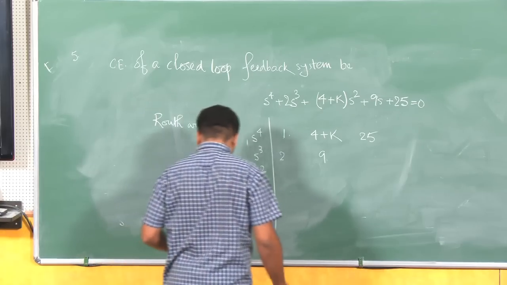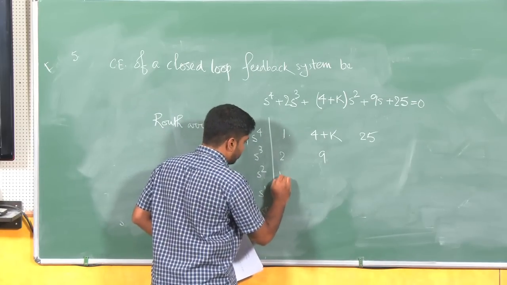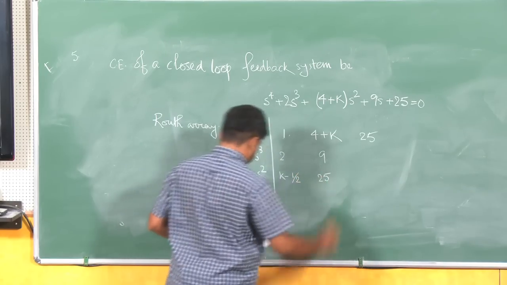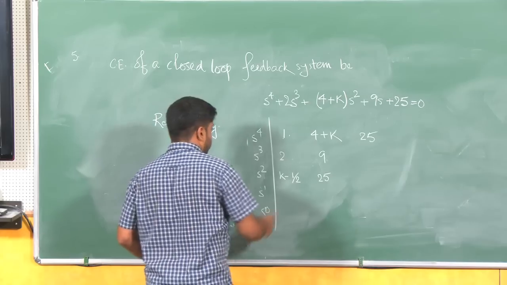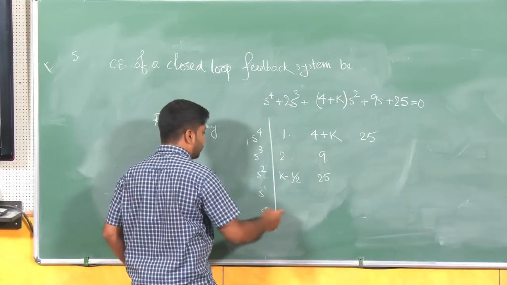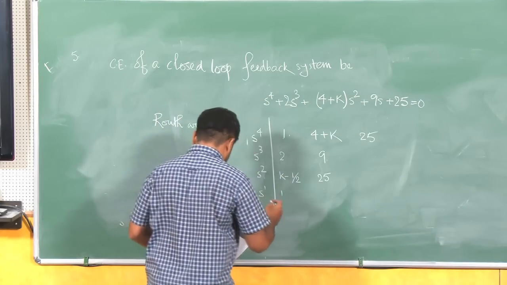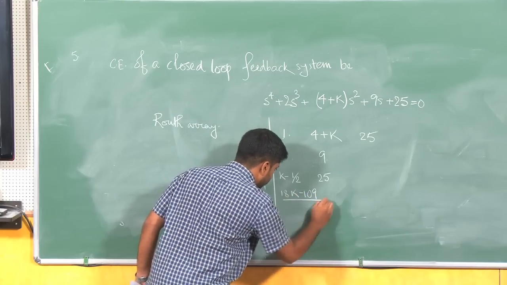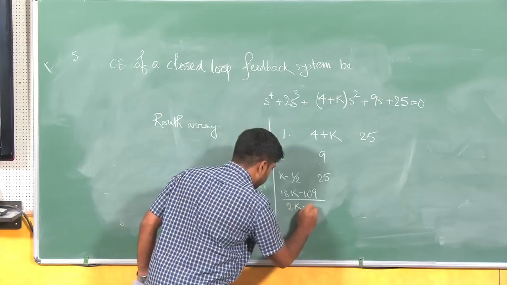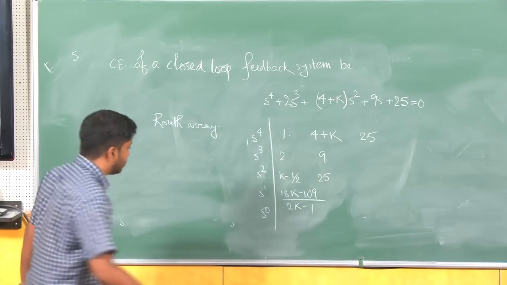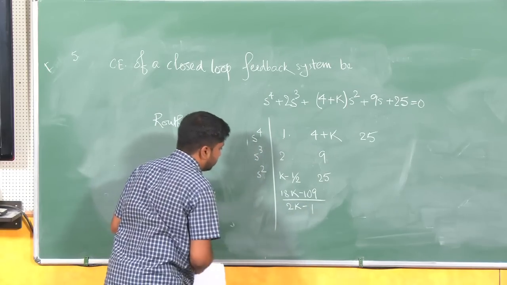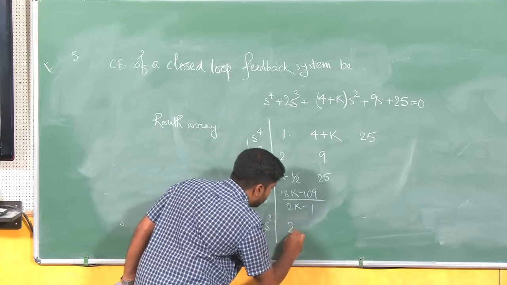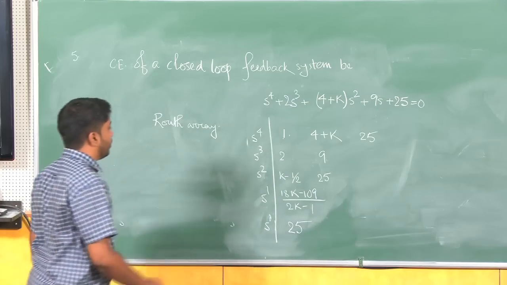So, here we get k minus half and here 25. Now, just calculate, after calculating we will find out that this term is (18k minus 109) by (2k minus 1). And this term will be 25.